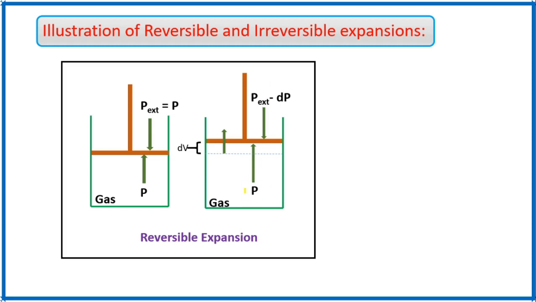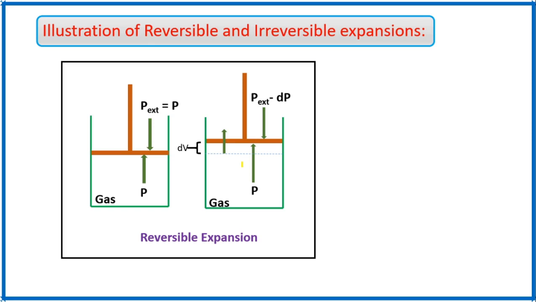If the value of P is a little greater than the external pressure, then the piston will move up, and again equilibrium is established between the outside surroundings and the gas present inside the cylinder.